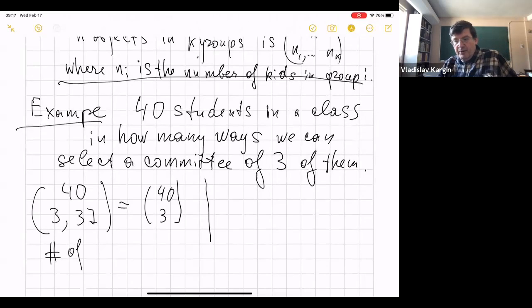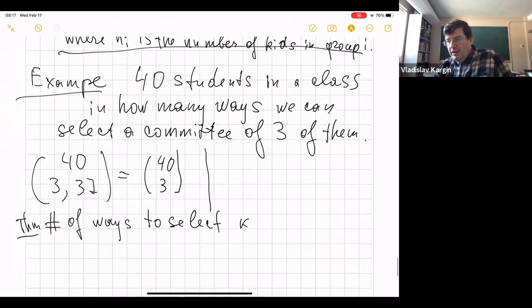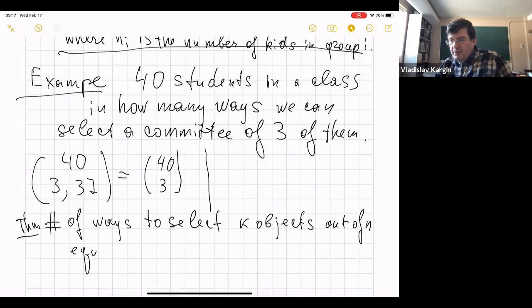So it's another result, which is a corollary. Theorem: the number of ways to select k objects out of n equals k out of n.